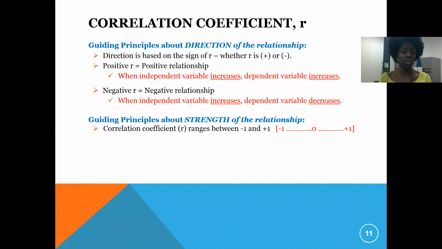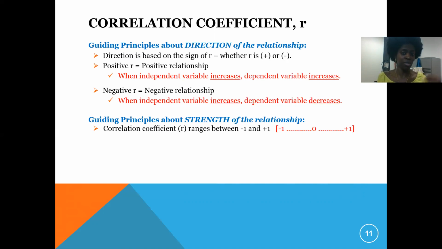So the first thing we know is that strength, the correlation coefficient, first off, goes from -1 all the way to +1. What does that mean? -1, -0.9, -0.8, down to -0.1. It could be a 0, which definitely means no relationship, because that's what 0 always means.